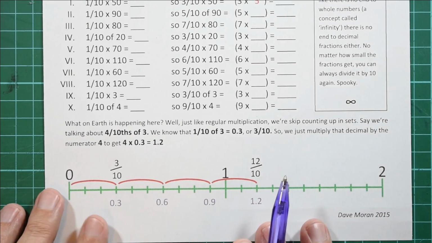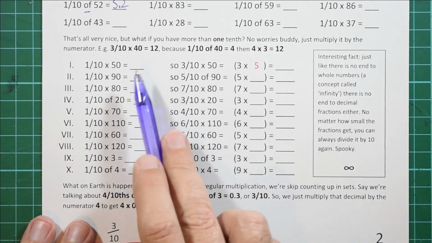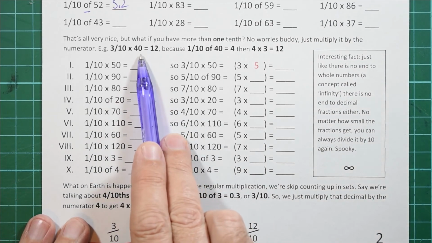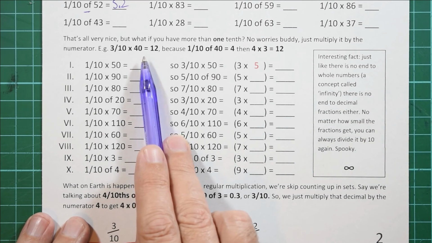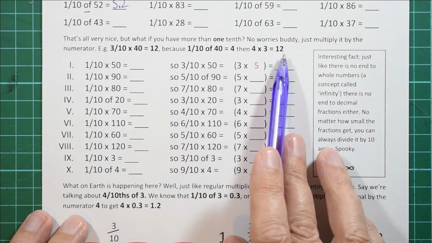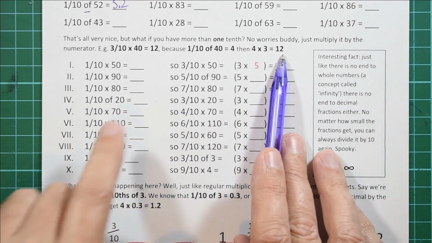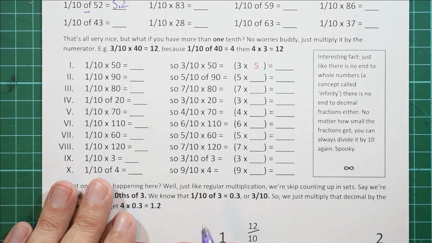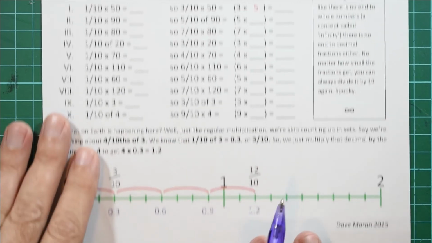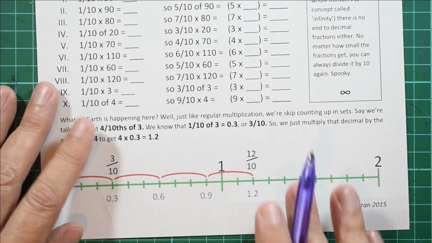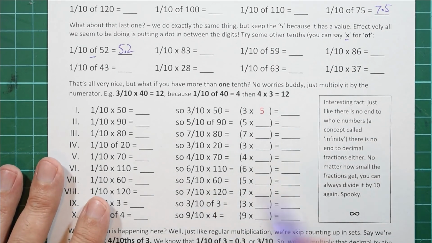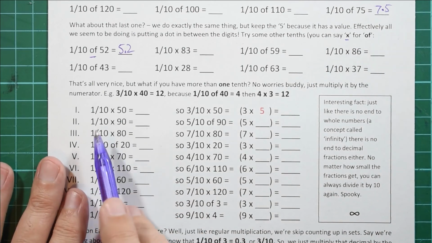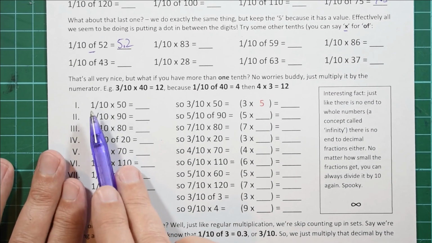It works the same way, right? So if the number is larger to start with, we end up with whole numbers rather than decimals, but it works in exactly the same fashion, right? So that's what the number line down there tries to explain. Anyway, let's try one for ourselves and see how we go.